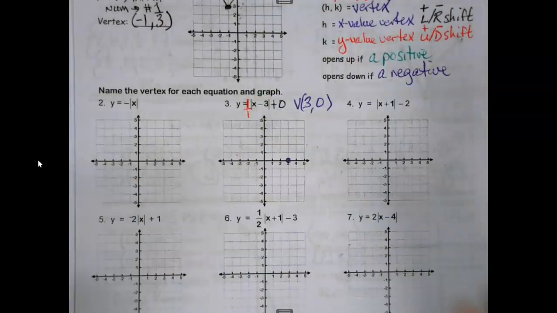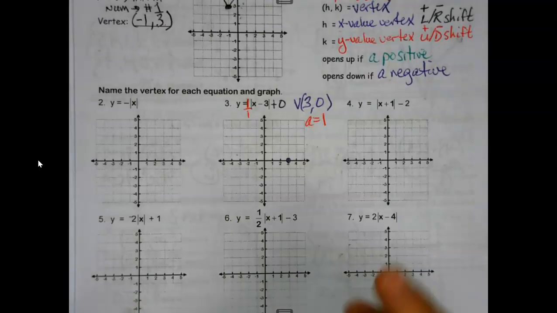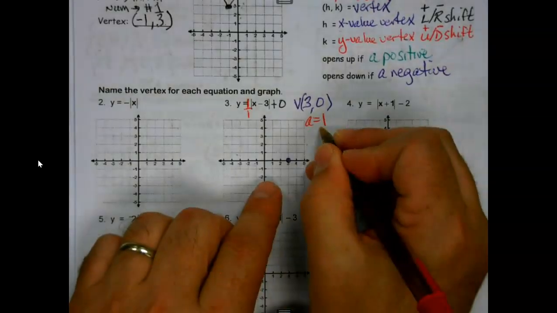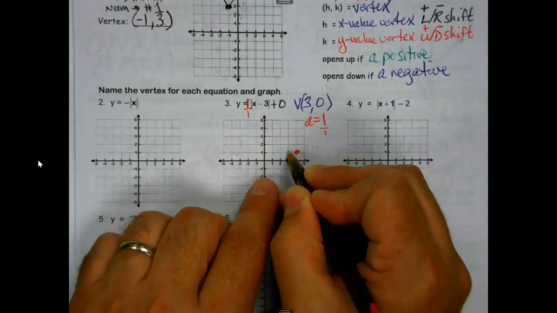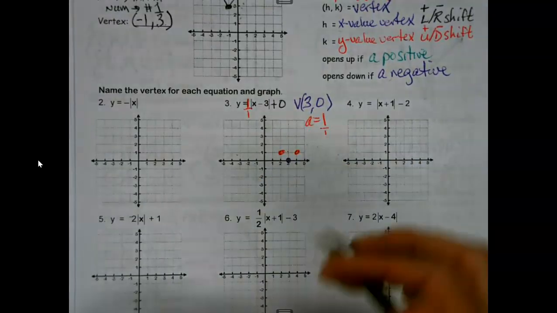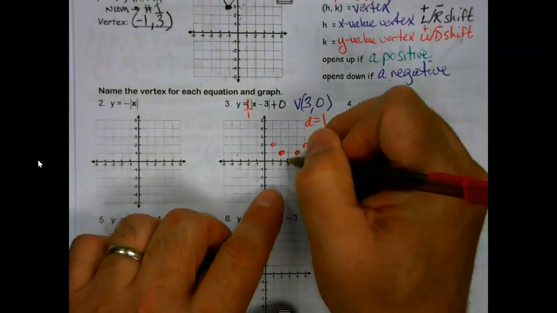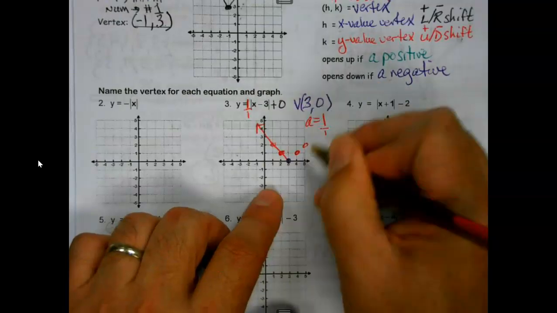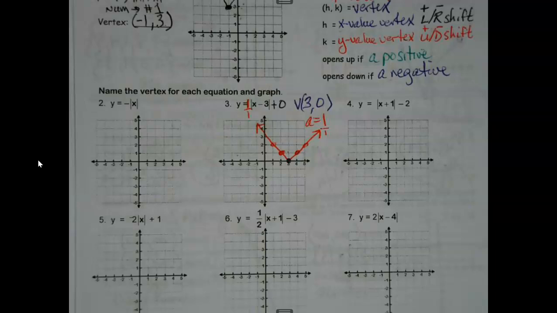Well, there's one there. It really is. It's just going to be 1 or 1 over 1. And so since it's positive, it's going to open up. So I'm going to go up 1 and over 1 each direction. I'm not just going to say up 1 and right 1 like I would with slope. And that pattern is going to stay linear. I make my V and I'm done.